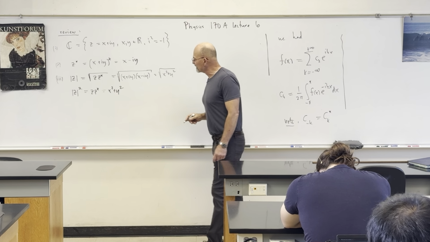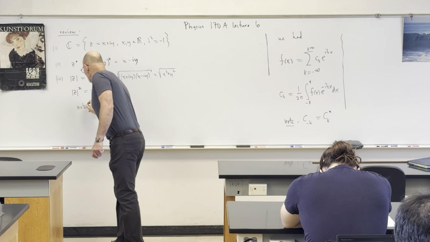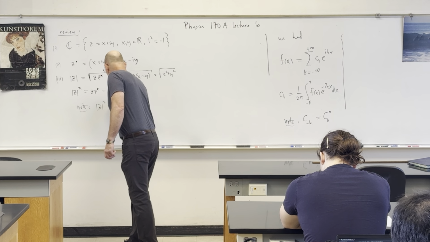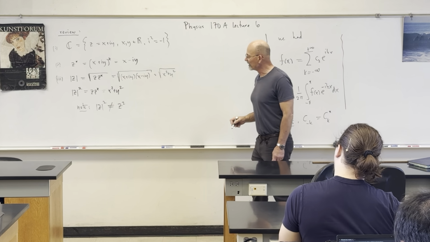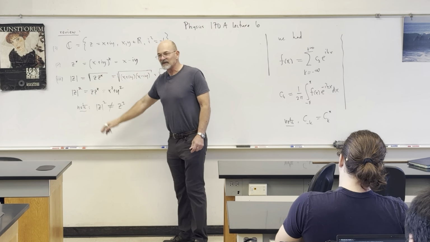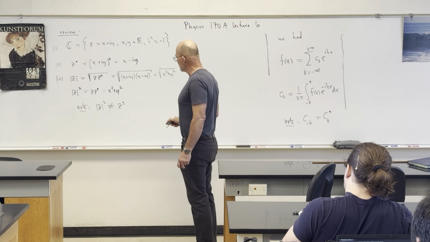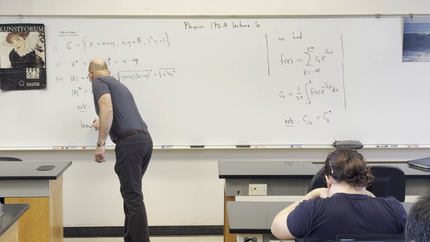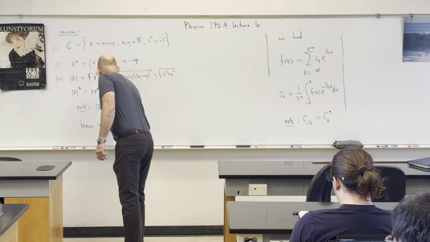It's very important to note here that this magnitude squared is not equal to z squared. You have to be very careful with that. When you're working with complex numbers, the magnitude has this important definition up here. Because we just did z times z complex conjugate, we've got x squared plus y squared.